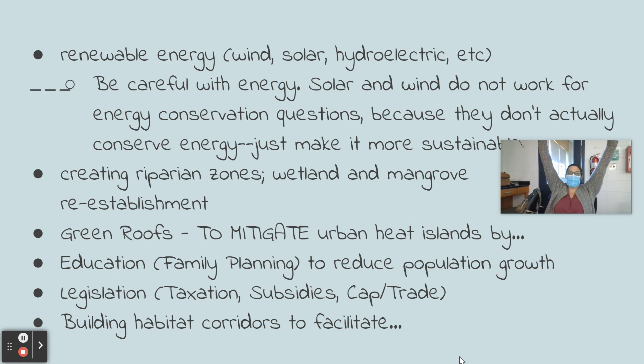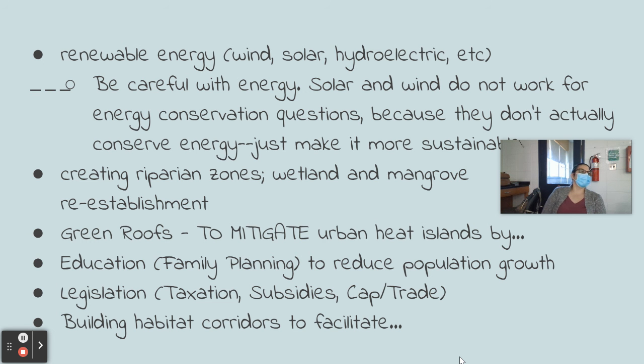These green roofs take in the sunlight, and instead of reflecting it back out as heat energy, they just absorb that sunlight. They use it for photosynthesis. So they're not creating any more heat, they're actually mitigating the urban heat island effect.